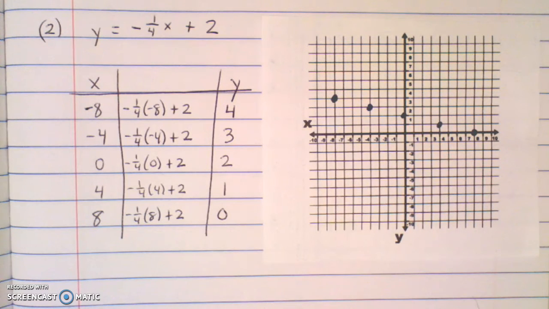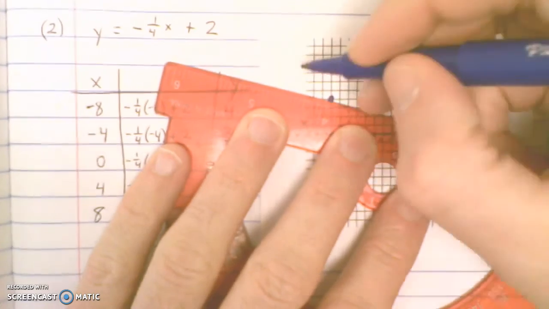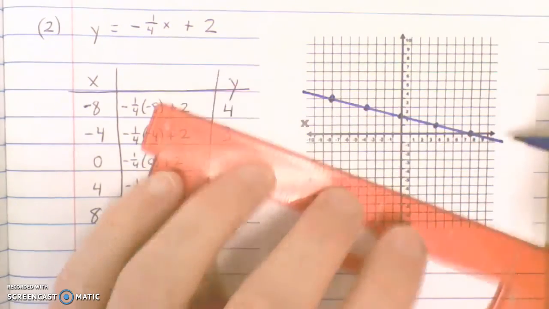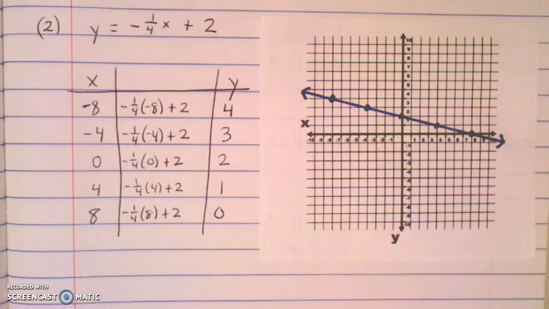Once we have those points, you can graph them and connect them with a line. I'm going to use a ruler this time to make it nice and straight. And we put arrows at the end of it to show that it goes on forever. And that's pretty much it.